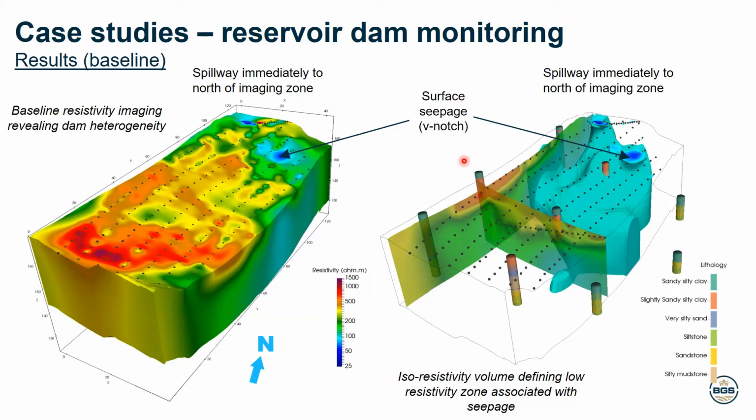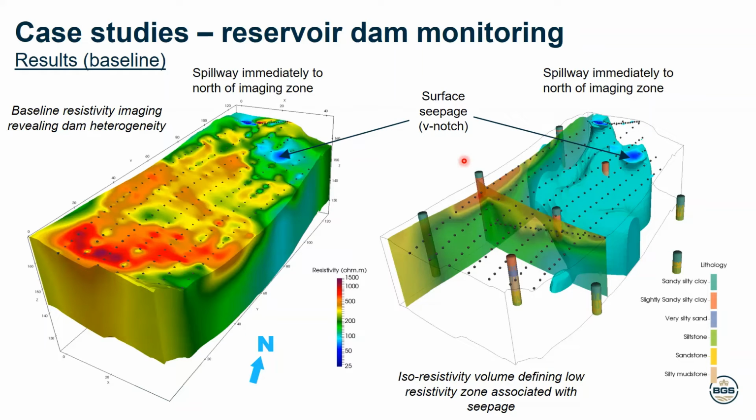And if we extract a volume of iso-resistivity, defining the lower resistivities in the model, we can start to investigate the areas associated with this seepage.